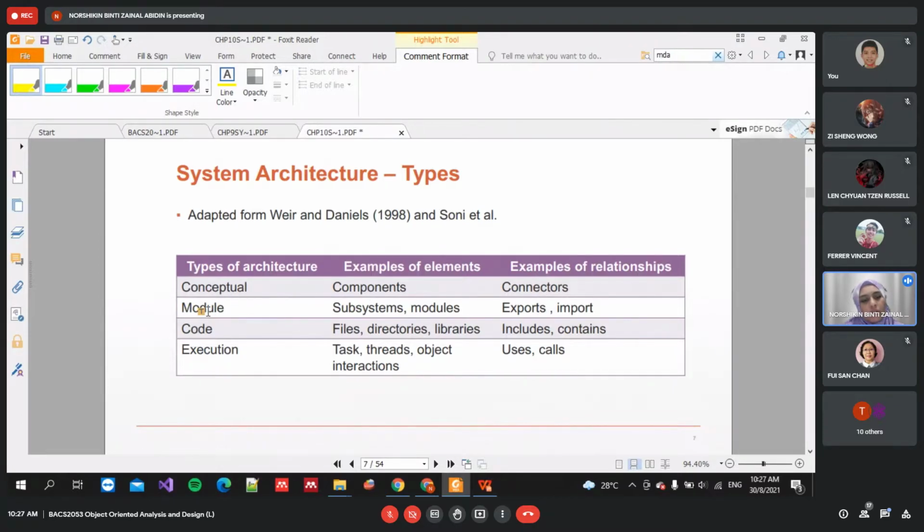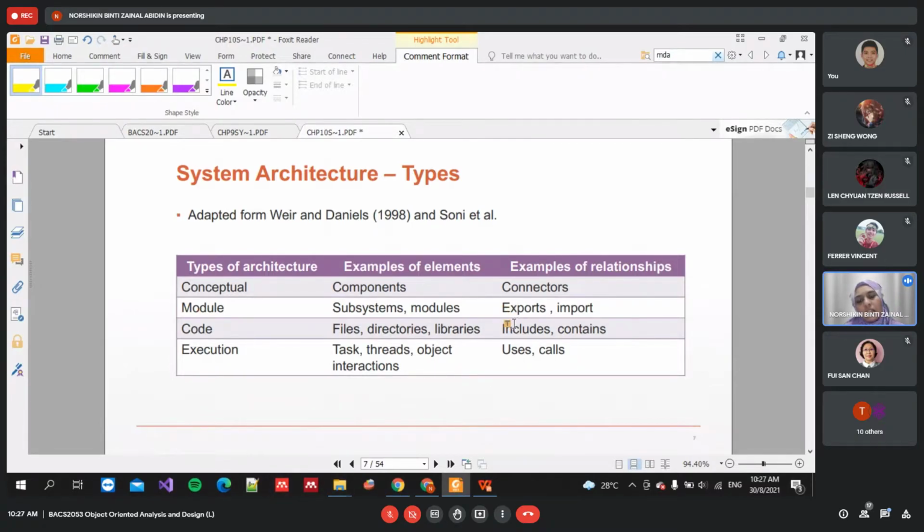And then module. Like I said, in a system, usually we break one whole system into subsystems or modules. These subsystems and modules or components have their own specific functions or tasks they need to perform.